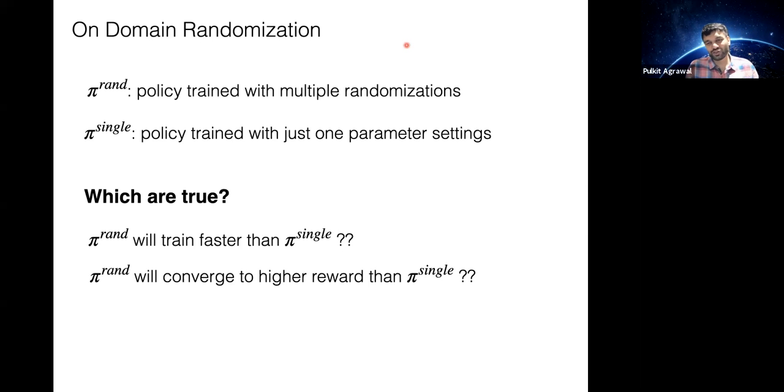Right, so maybe someone who said no, do you want to comment on why it will not converge to a higher reward? So I see something in the chat.